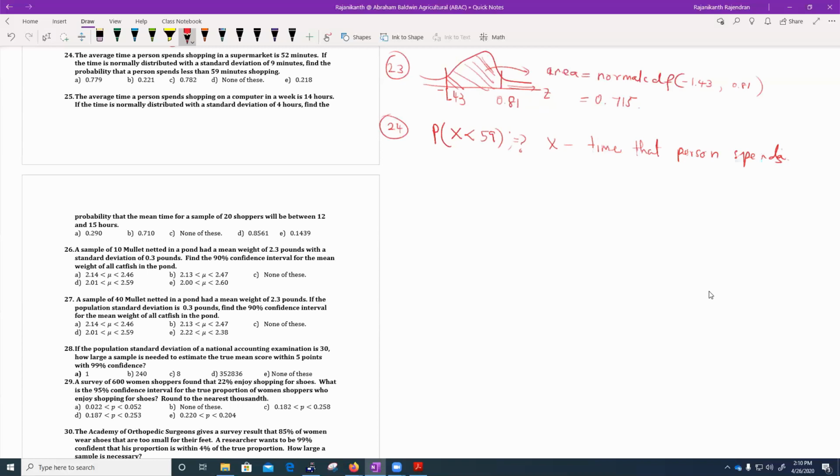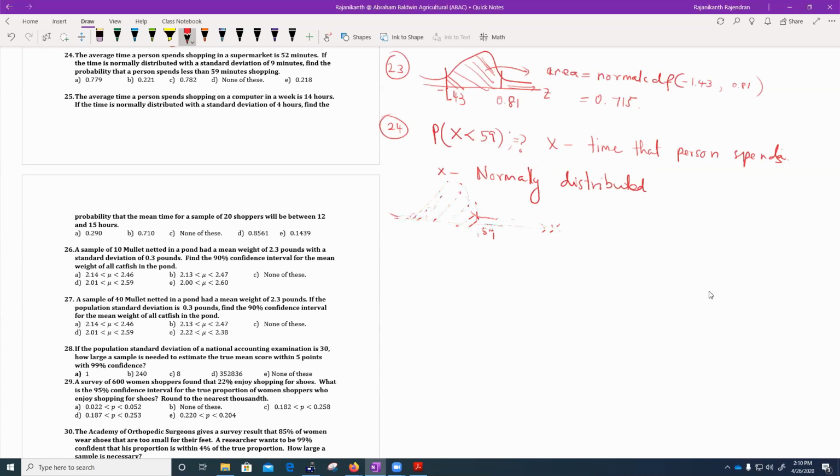Remember, this variable x is normally distributed, so I could use the formula for the normal distribution. We are asked to find the area. If you draw a picture for this problem, now you don't have z, instead I have x. Suppose this is 59, they are asking us to find this area.